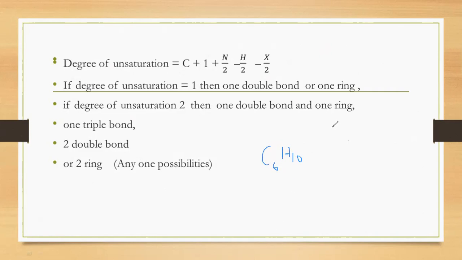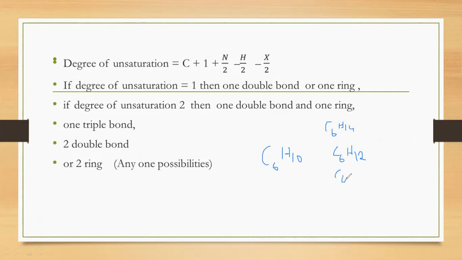So here, one of the methods is, you see, C6H14 is the alkane. So C6H12 means there is one double bond. When one double bond is there, 2 hydrogens less. Or it could be cyclohexane also, which also has 2 hydrogens less.